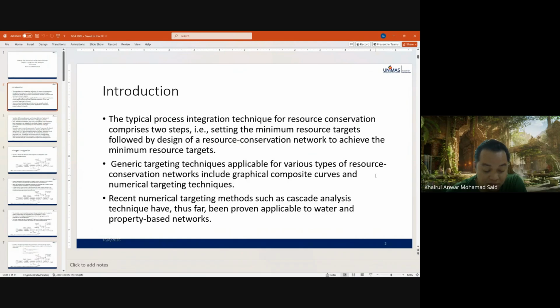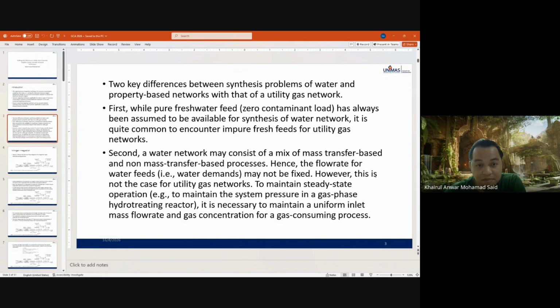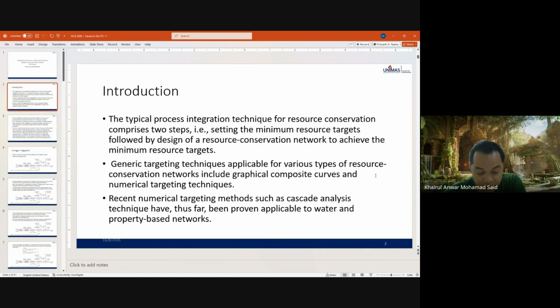First one is impure fresh feed. The standard water pinch synthesis assumes pure fresh water, where zero contaminant is available. So meaning water that came into the system, like yesterday, has zero impurities, zero ppm, only water. In utility gas systems, such as nitrogen, oxygen, hydrogen distribution, the fresh gas supply frequently contains measurable impurities.